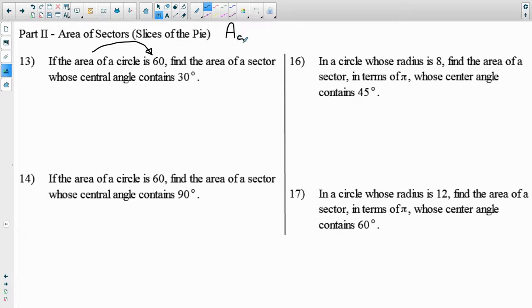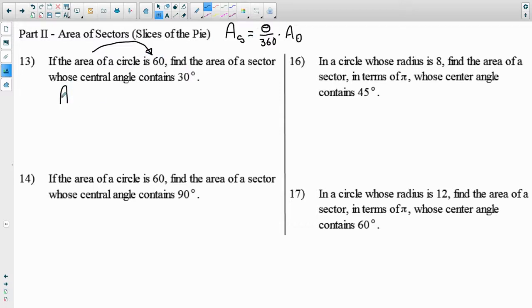The area of a sector would be equal to whatever your angle is of the central angle of the sector out of 360 times the area of the whole circle. And then you'll find that part that you need, right? So in this first problem here, it's giving me the central angle. So I just need to add the area of the circle. So I can just plug them in quite simply.